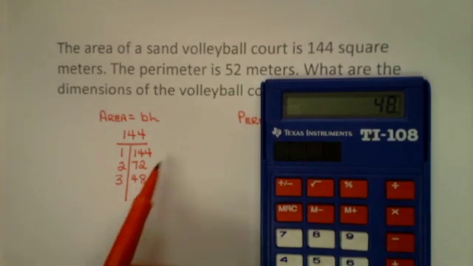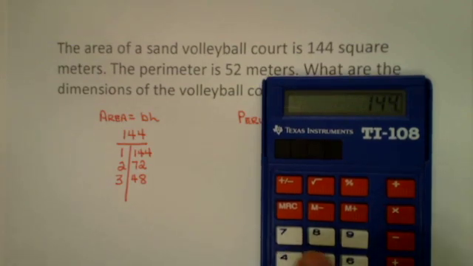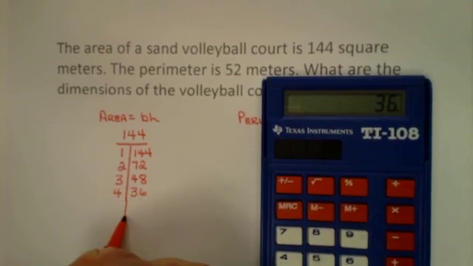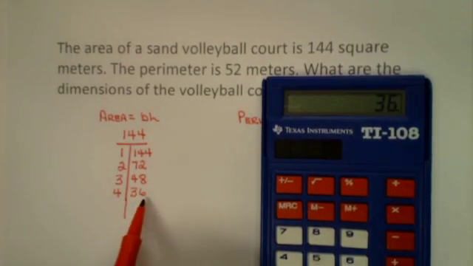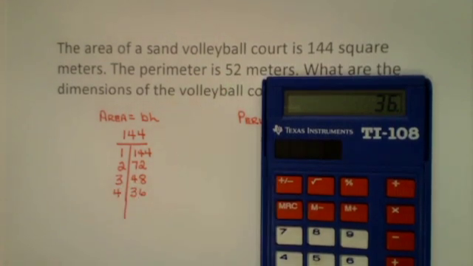If I double 48, it's more than my 52 meters. So I keep going. 144 divided by 4. Will 4 go into 144? 4 and 36. 36 times 2 is 72. It's more than my 52 meter perimeter.